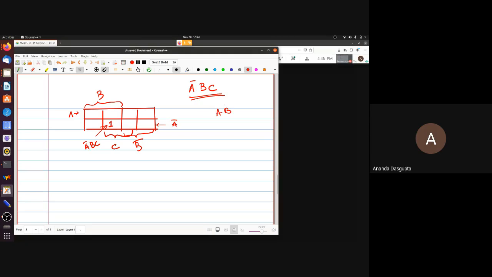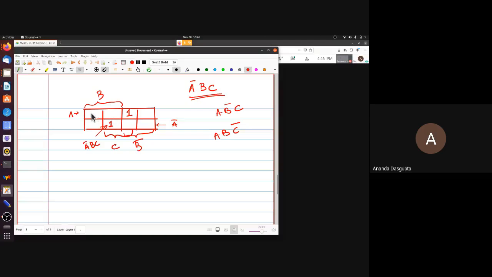Another one would be A B bar C. A means it has to be in the top row. B bar means it has to be one of these 2 columns. C means it has to be this one. What about ABC bar? ABC bar is where? In A, in B. So in A, in B means in the first 2, so somewhere here.